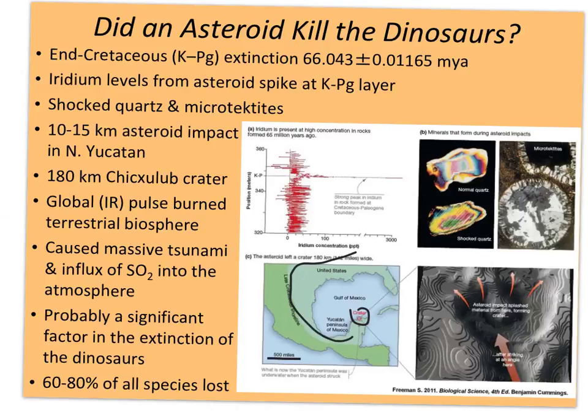We can't do those kinds of experiments. But one of the predictions that we can make is that even though it was a correlation, it was a very, very tight correlation between the extinction event and the asteroid impact.